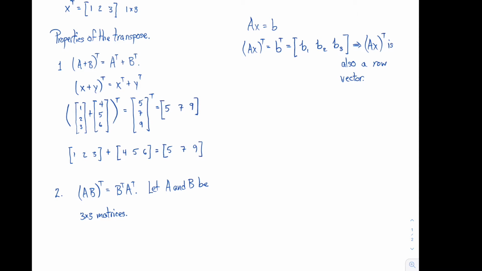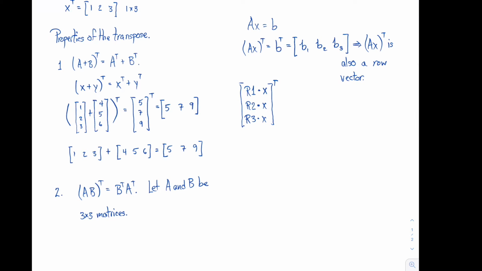Okay, so this is going to be A times X. That means that I'm going to take row 1 of A, dotted with X. And then I'm going to take row 2 of A, and I'm going to dot it with X. And then I'll take row 3 of A and dot that with X.